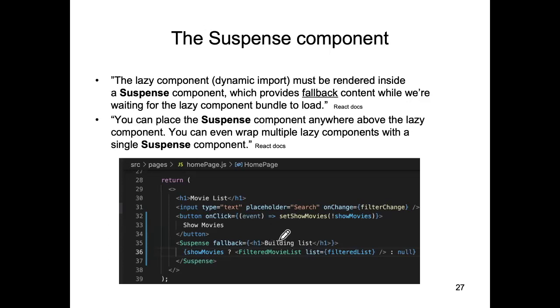You can actually assign it to another component, provided that other component is statically imported or is already available to the browser. So that's the function of this suspense component. It tells the browser what to display on the screen while the browser is waiting for this additional bundle to be downloaded from the server to it.